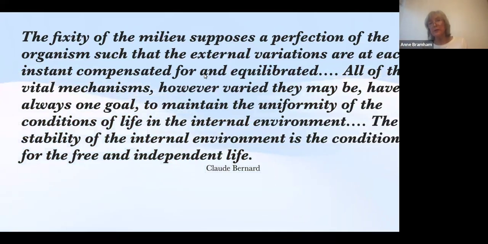Meaning that whatever the body is experiencing, then the internal milieu can actually monitor that and act accordingly. Well, this would apply to our defense system, which is within this internal milieu, as well as some of our responses, inflammation, the whole thing.